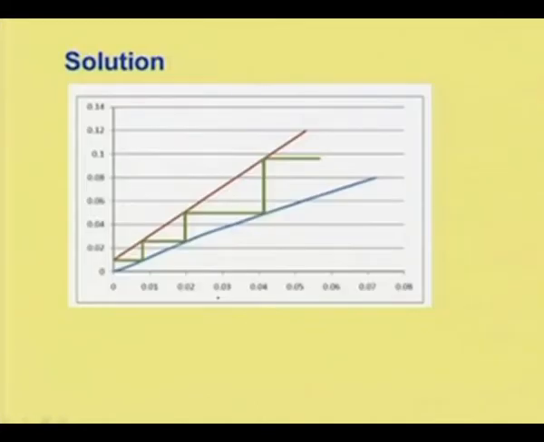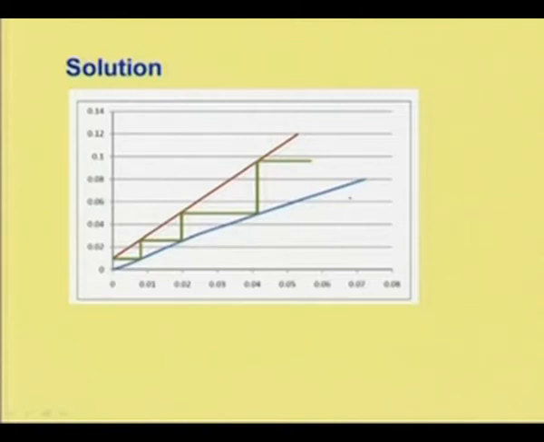Now, if we plot the graph between the operating line and equilibrium line, this is based on the equilibrium data which is given. This is the equilibrium line and this is the operating line.